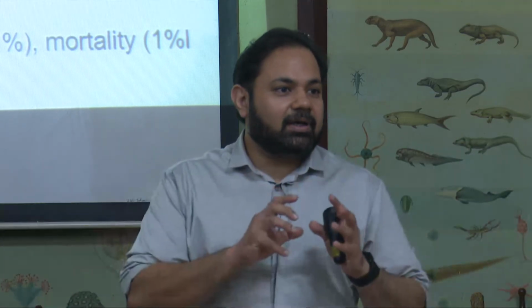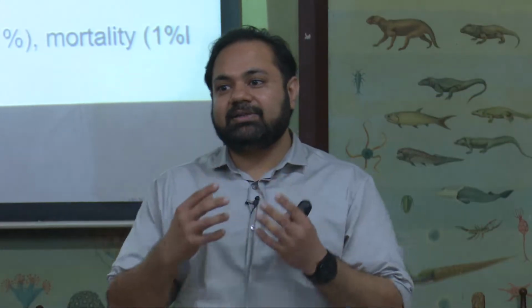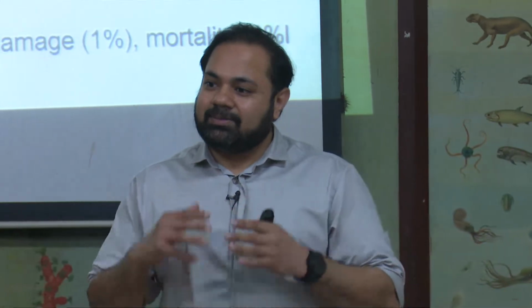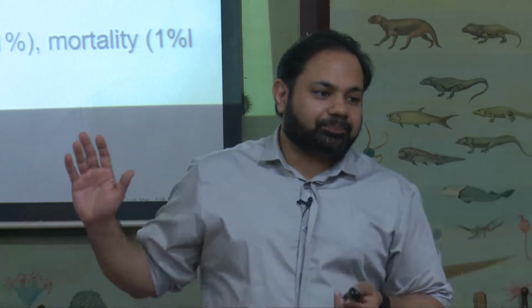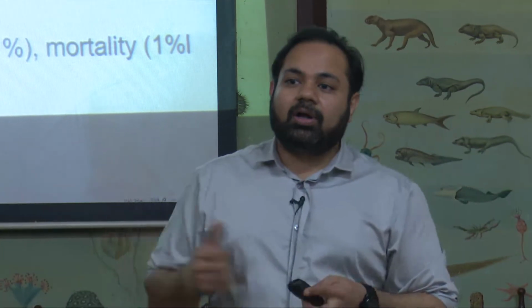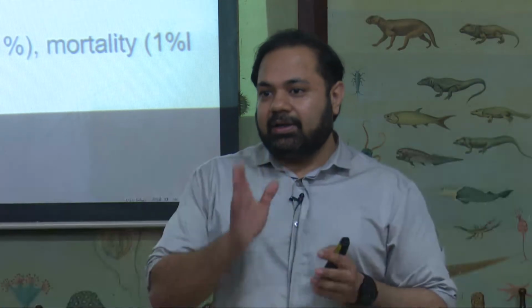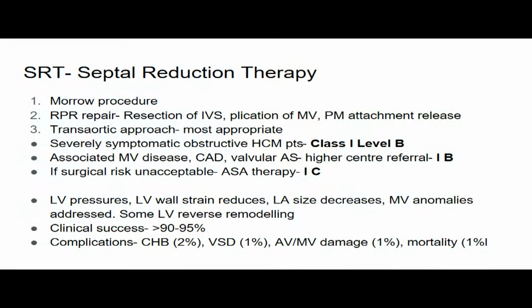Again we give this combination therapy, and if the patients remain symptomatic and the gradients remain high, then we add myosin inhibitors or disopyramide, a drug which blocks the action potential, the sodium influx. In spite of that, if the patient is still symptomatic, then he or she is a candidate for surgery.